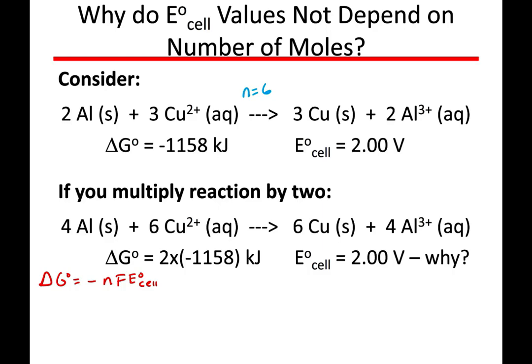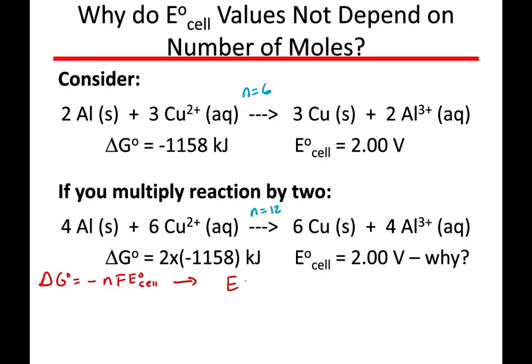If you multiply the reaction by 2, then all of the coefficients are being multiplied by 2, including the coefficient of e-. And so now you're going to have 12 moles of electrons being transferred. n will be equal to 12. And with that in mind, let's now convert the value of delta G standard back into the value of E standard for the cell to see that it still remains 2 volts.